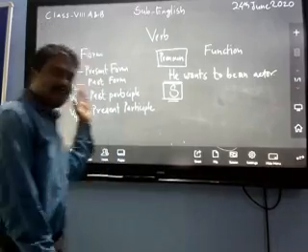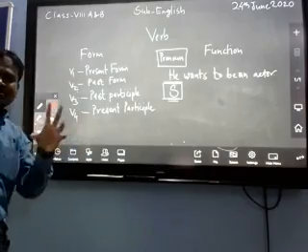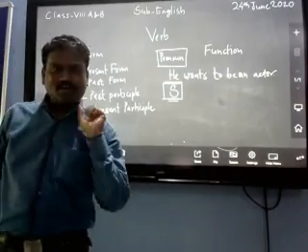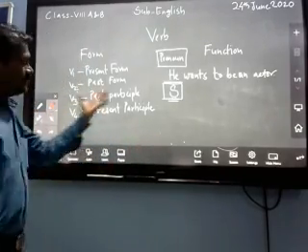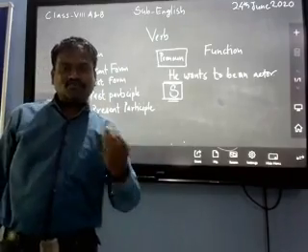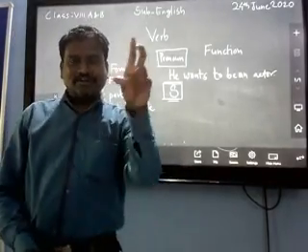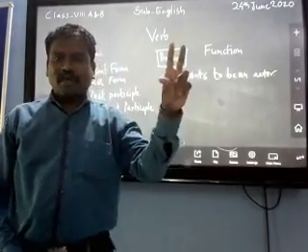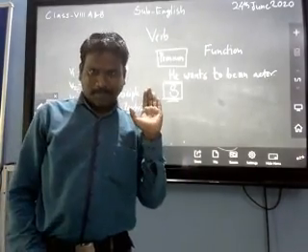So the forms given here, V1, V2, V3, V4, are single words having different forms. For example, we have seen earlier: I am a teacher, I teach English, or he teaches maths. So teach, teaches, am, was, is, these are the forms.